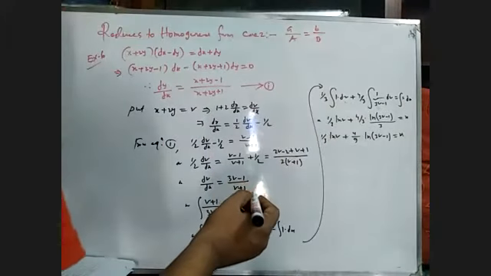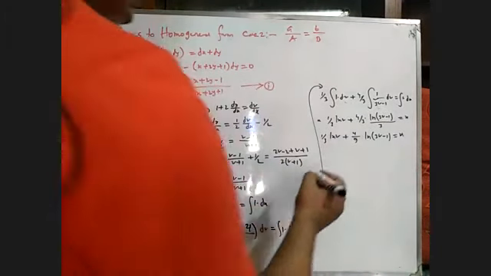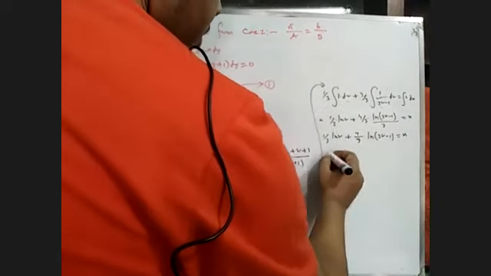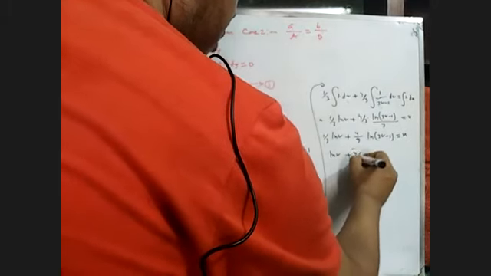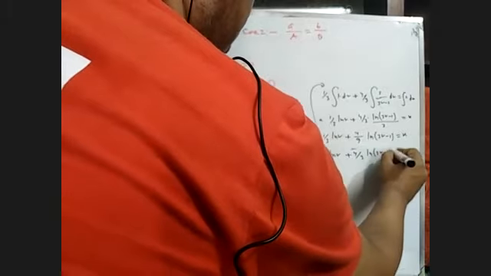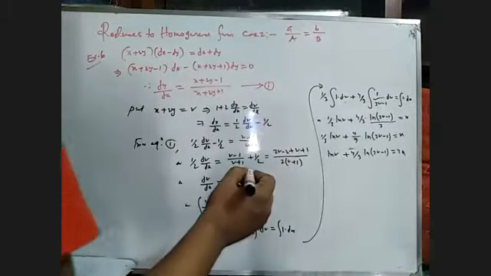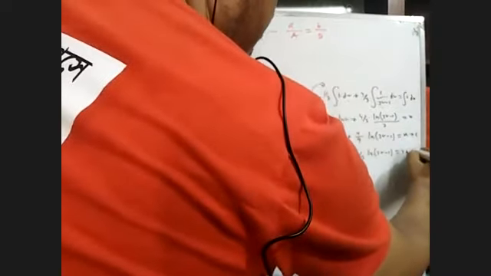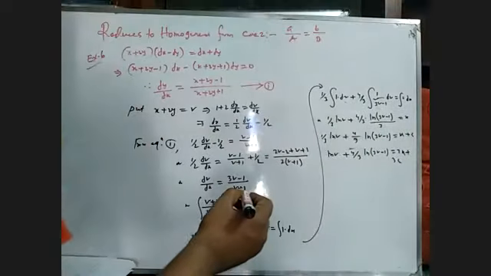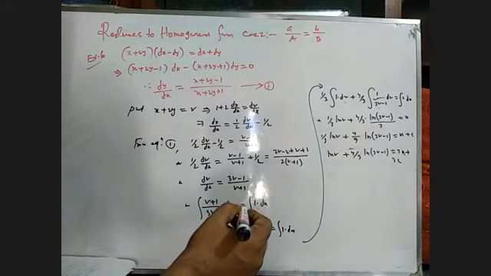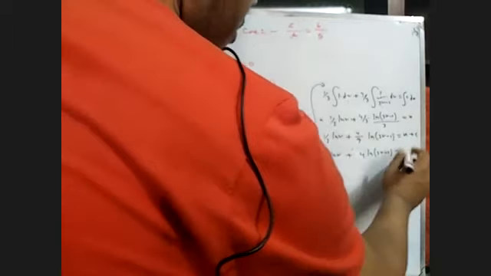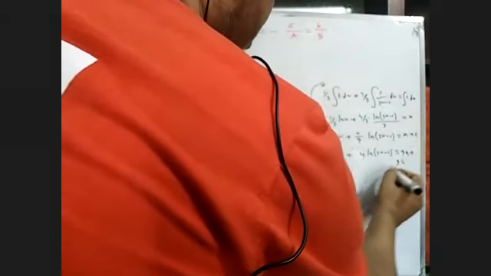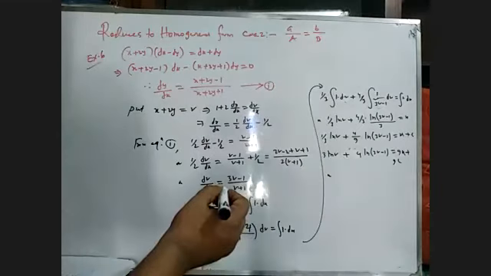Now multiplying by 9 on both sides, 3 ln b plus 4 ln (3b minus 1) equals 9x plus 9c. So if we multiply with 9, then it will become 4 and this will be 3, and this will be 9c. So just putting the value of b now.